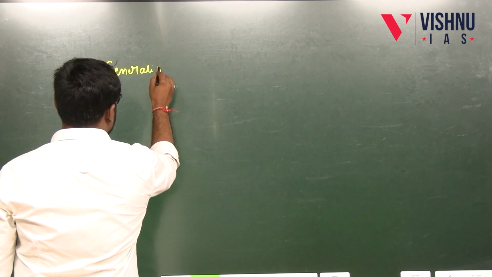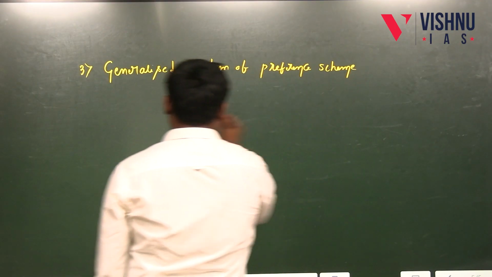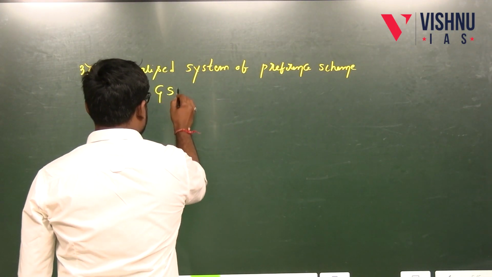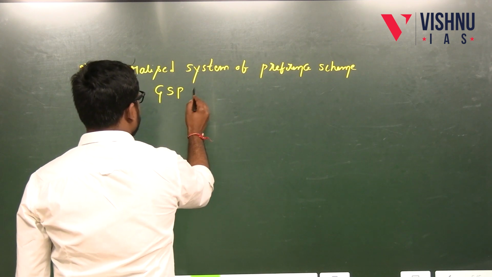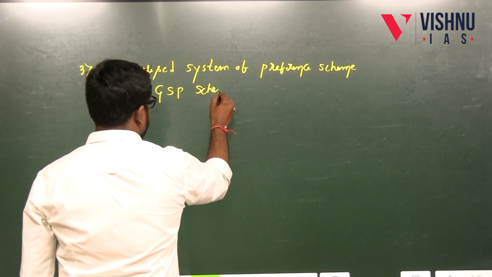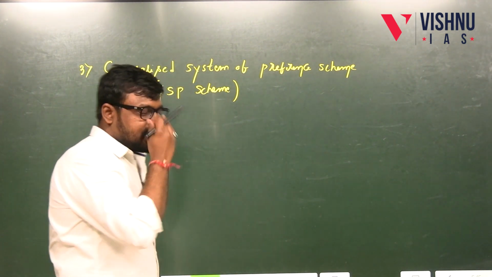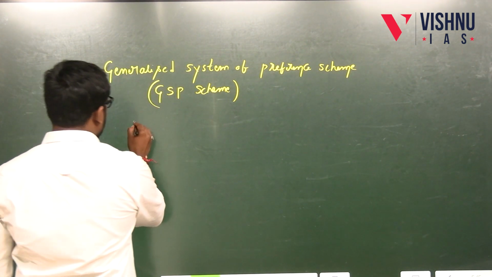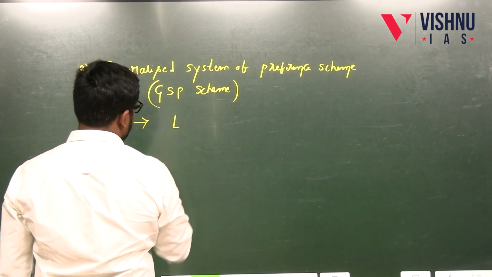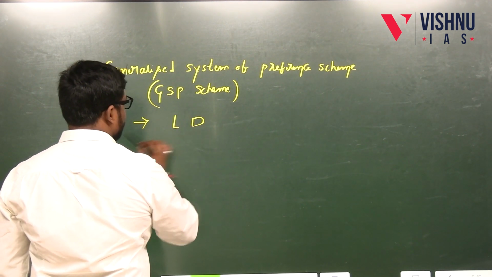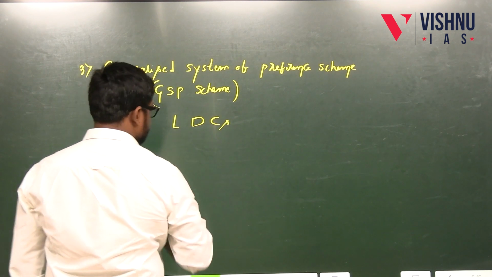Generalized system of preference scheme, it is the GSP scheme. Right. So what is this? See, under WTO rules, this is applicable only to least developed countries.